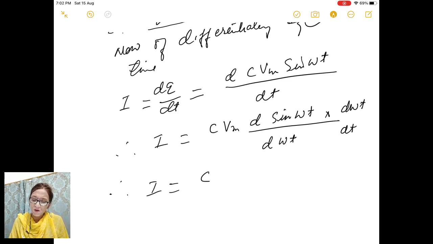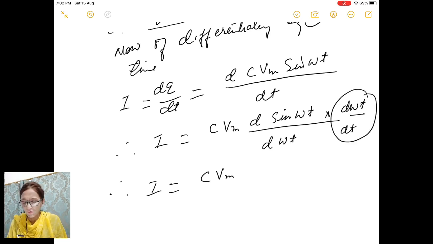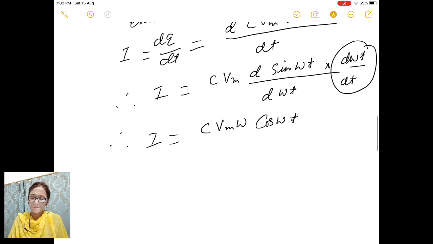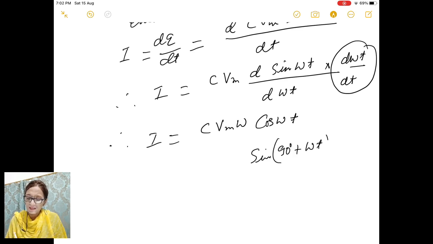Therefore, I is equal to CVm, and when you differentiate this term, you will get omega. So CVm omega, and this is your cos omega t. Now, you know sine of 90 degree plus theta, that is omega t, is equal to cos omega t.